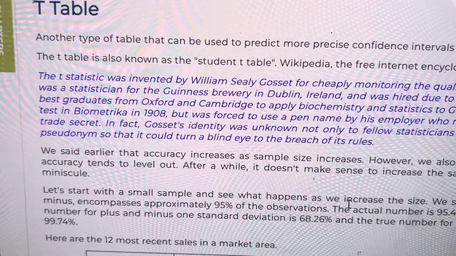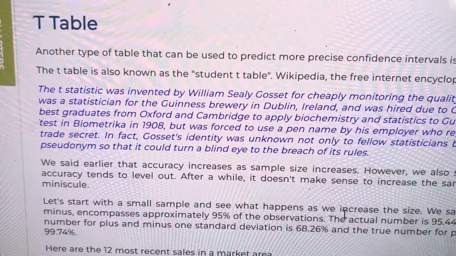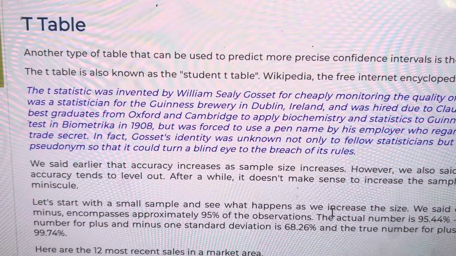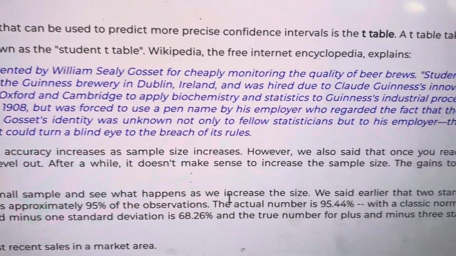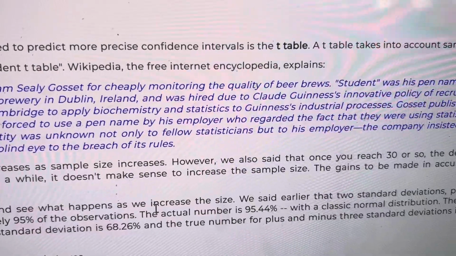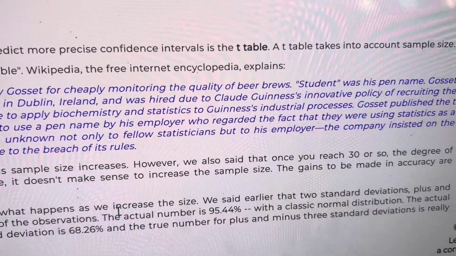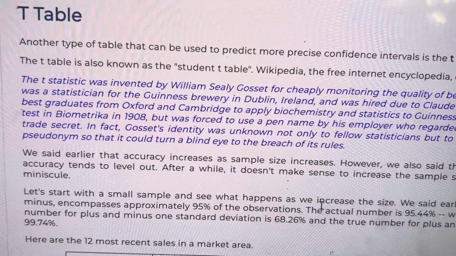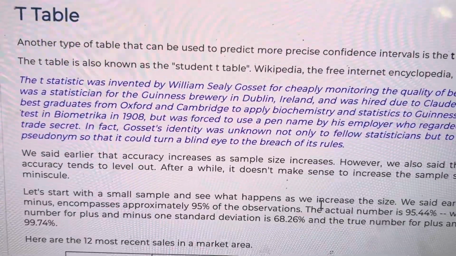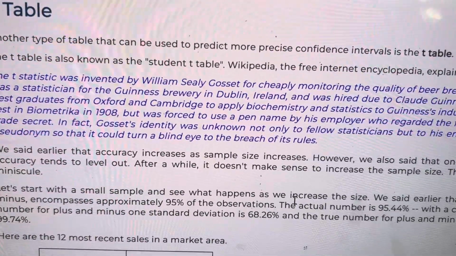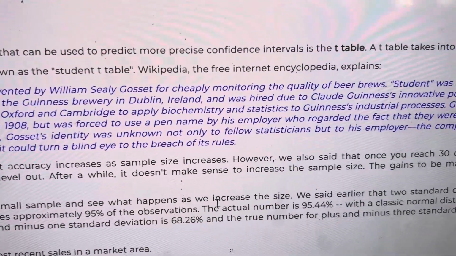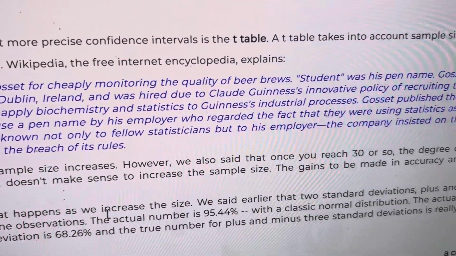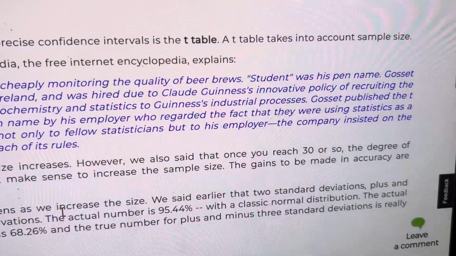Gosset was a statistician for the Guinness Brewery in Dublin, Ireland, and was hired due to Claude Guinness's innovative policy of recruiting the best graduates from Oxford and Cambridge to apply biochemistry and statistics to Guinness's industrial processes.